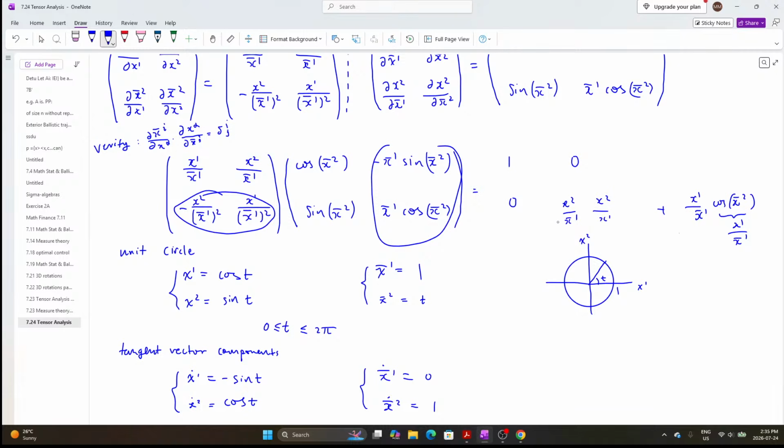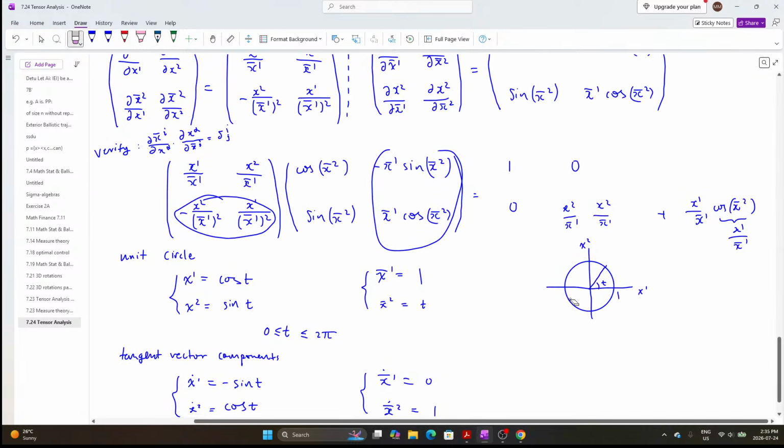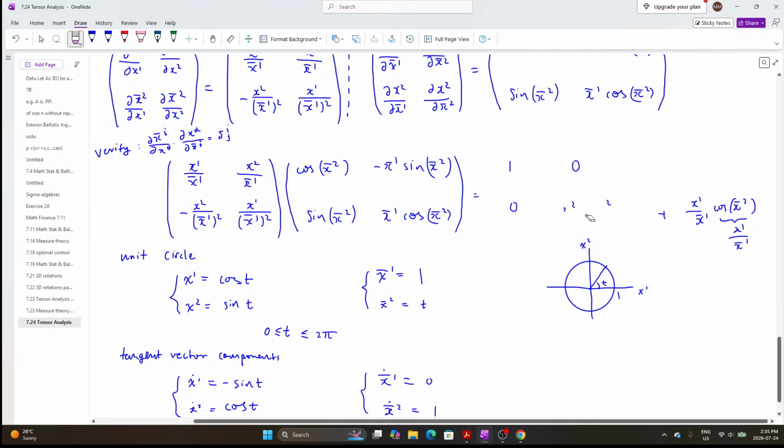So you see the bottom parts are all x1 bar squared. On top, you got x1 squared plus x2 squared, which cancels out exactly. So once again, this is 1. Whew. Everything works out. So this is the identity matrix, indeed.